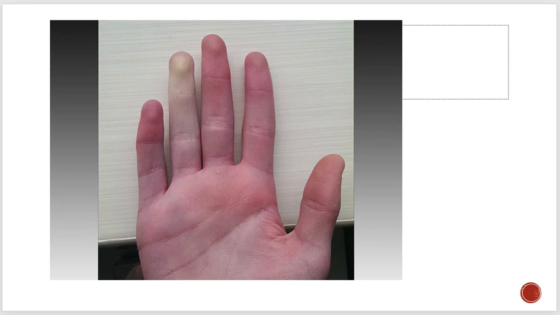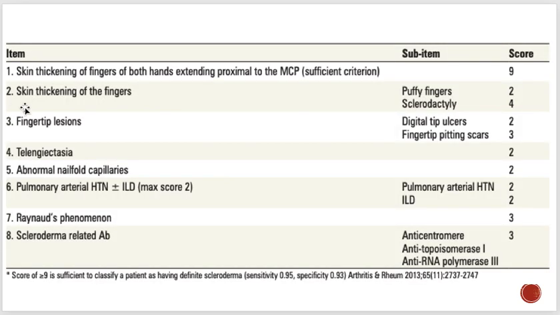So now, how do we diagnose these patients? To talk about the diagnosis, guys, this is a scoring system I want to show you, which is defined by the American College of Rheumatology, ACR.